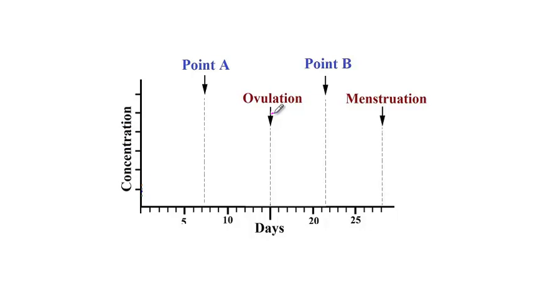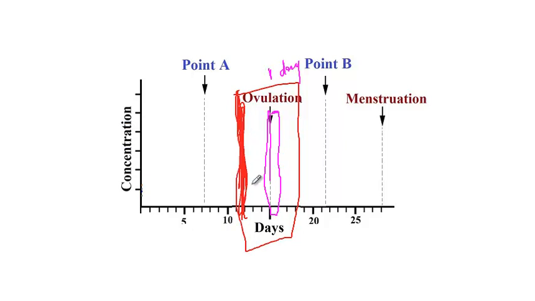Following ovulation, the egg has only a day of lifespan, so it's viable for only about 1 day. Sperm, on the other hand, can live up to 5 days in the vaginal tract. So in order for pregnancy to happen, there should be intercourse sometime up to 5 days before ovulation, because if we go farther back, the sperm will be dead.